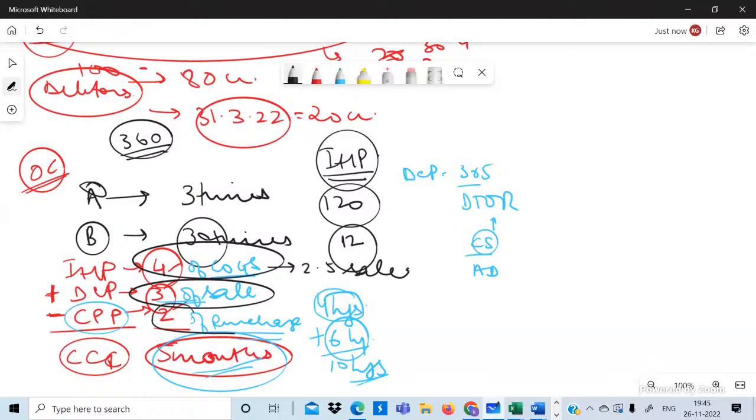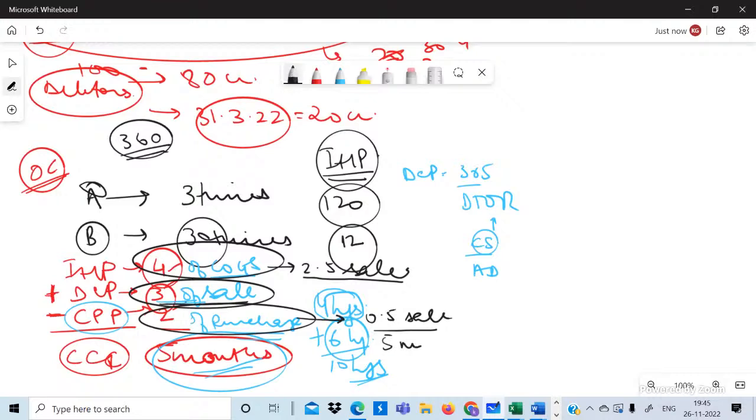Then 2 months of purchase is how many months of sale? Let's say it is half month of sale. Now I can add and deduct because the base is the same. This is 2.5 months of sale, this is 3 months of sale, this is half month of sale. So when I get my cash conversion cycle, I will get 2.5 plus 3, that's 5.5, minus 0.5.